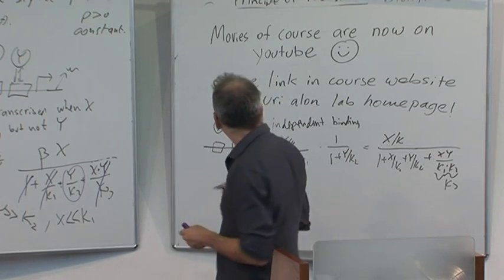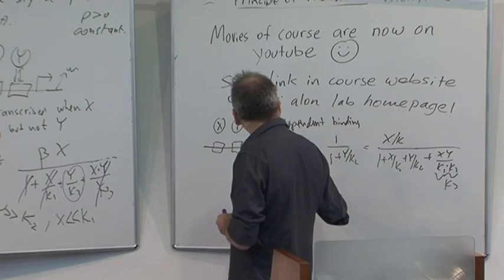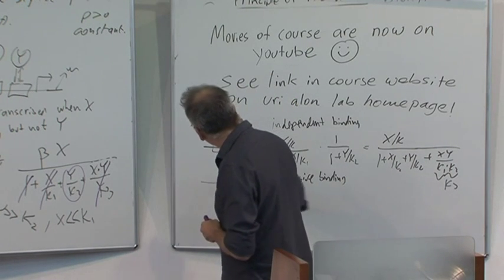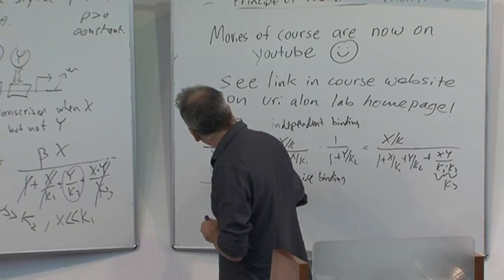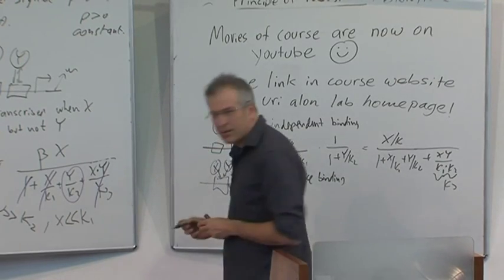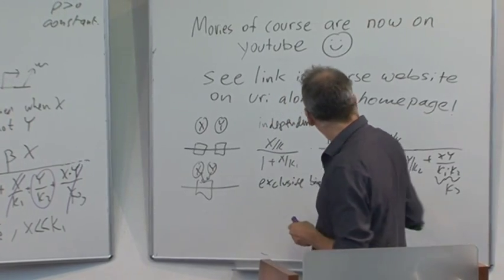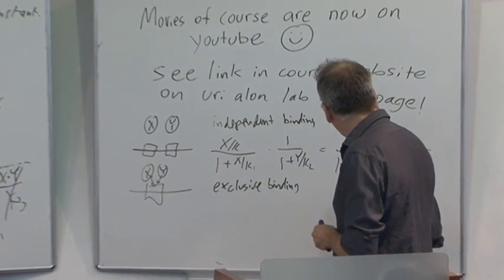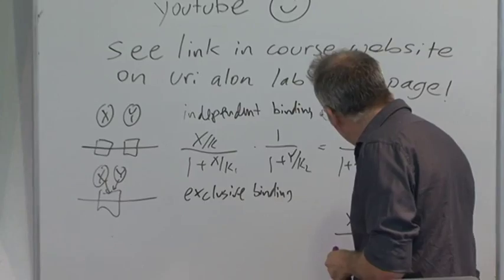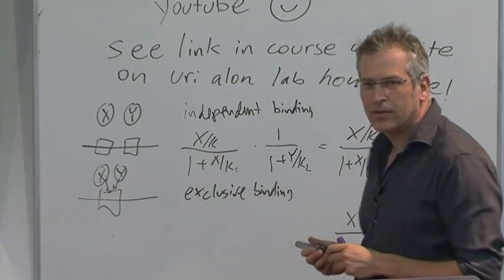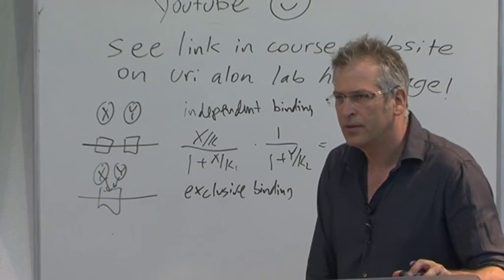But you can also have exclusive binding, which is if evolution, in its infinite wisdom, made them bind the same site. And then the answer turns out to be this. It's not possible for both of them to bind.